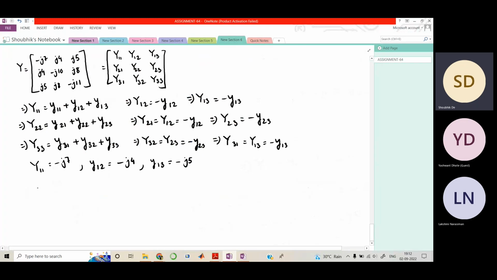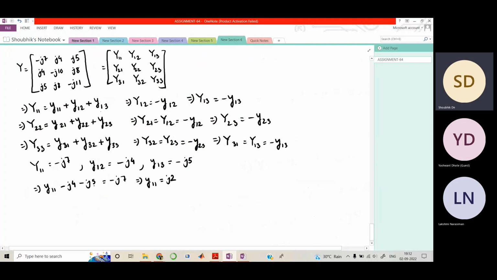Right, now we can just replace the values here. Y11 is y11 plus y12 plus y13, and we also have the values over here. And this is j7, so this comes out to be j2.